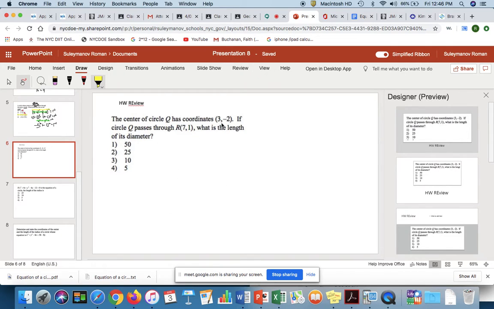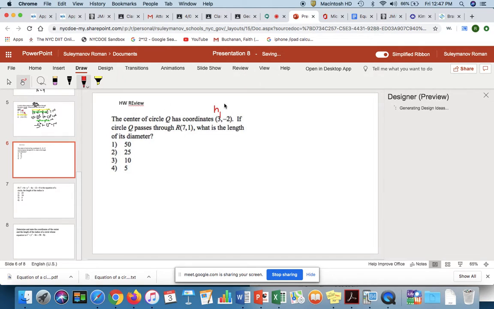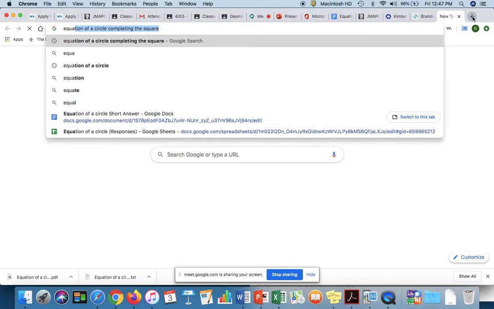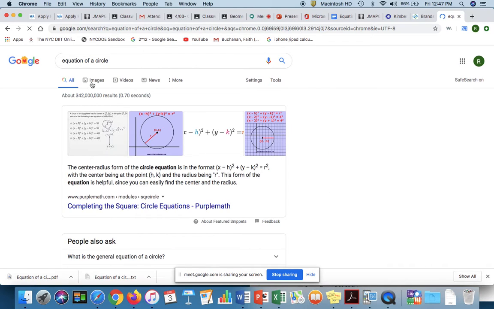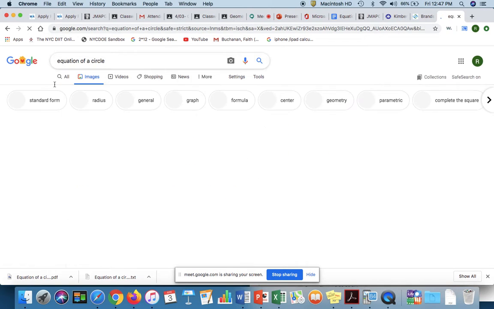The center of circle Q has coordinates 3, -2. So this is your h and k. And circle Q passes through 7, 1. So this is your x and y. What is the length of its diameter? So I'm going to cheat, just because it's taking me forever to write.